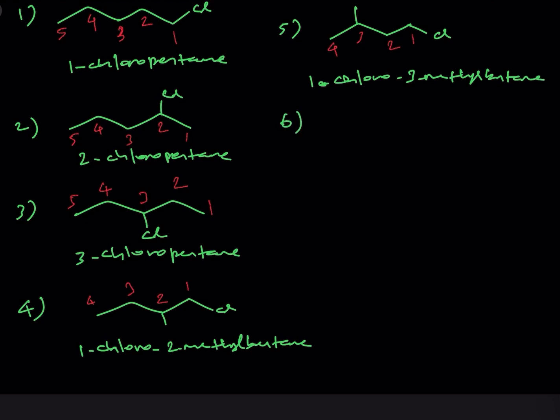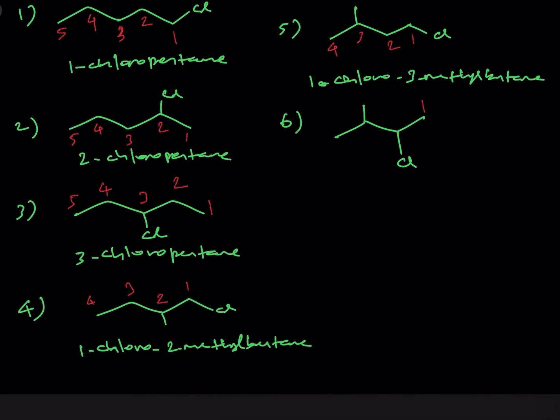We can also write 2-chloro-3-methylbutane. 1, 2, 3. So, 2-chloro-3-methyl.